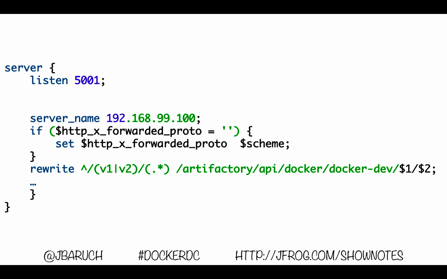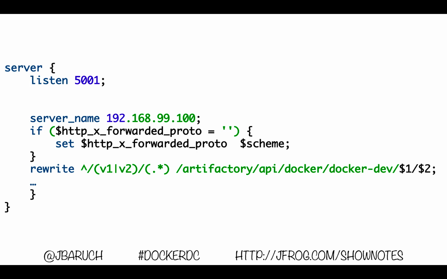When the request is coming to 5001, we will take all the needed parts, and instead of what it actually asks, we will go to the same host and then /artifactory/api/docker, the name of my registry inside Artifactory, and then the parameters that we get from the call itself.